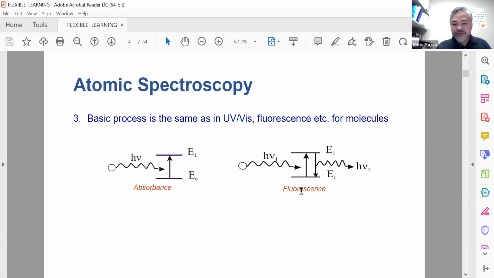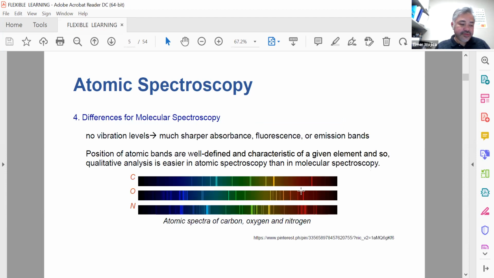Now, the difference of atomic spectroscopy from molecular spectroscopy is that you don't have vibrational levels. This leads to much sharper absorbance, fluorescence, or emission bands. The positions of the atomic bands are well defined and characteristic of a given element.